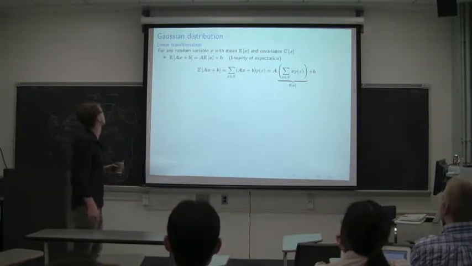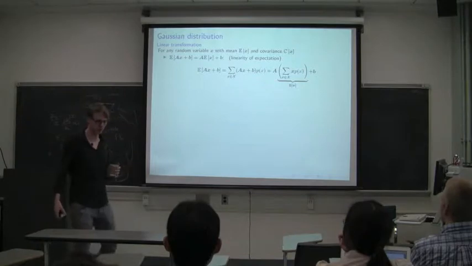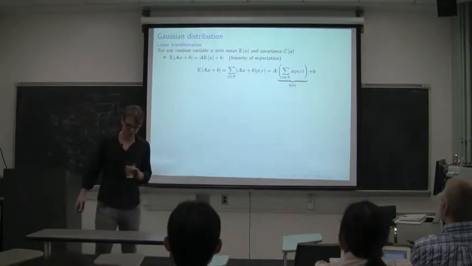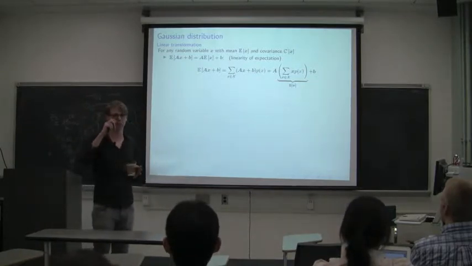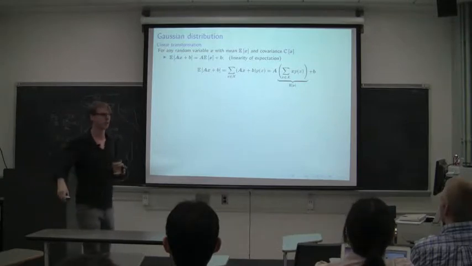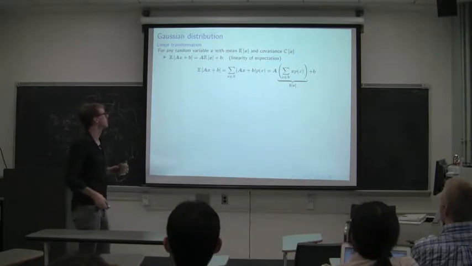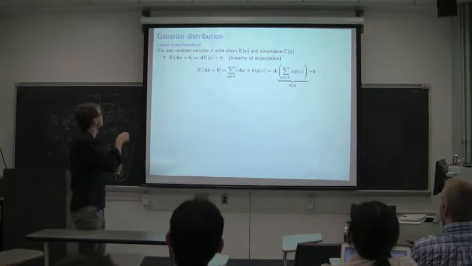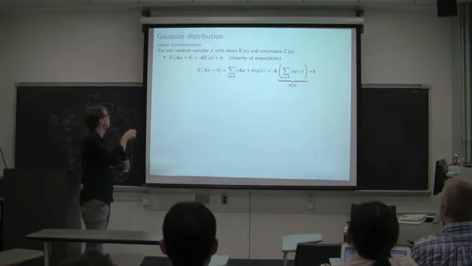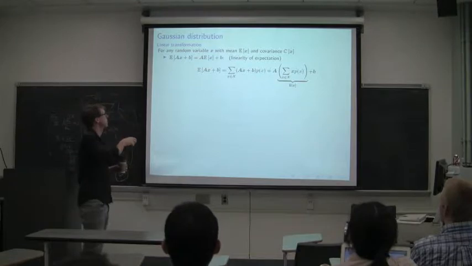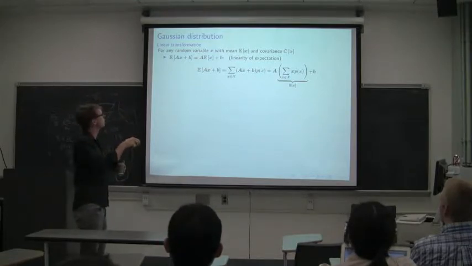So what does it mean to look at a linear transformation? The first thing that we said about Gaussians is that they are described only by the mean and the covariance. If you have any random variable with some mean and some covariance, then if you take a linear transformation of that random variable, we can compute the linear transformation of the expectation, which is just A times the expectation of x.